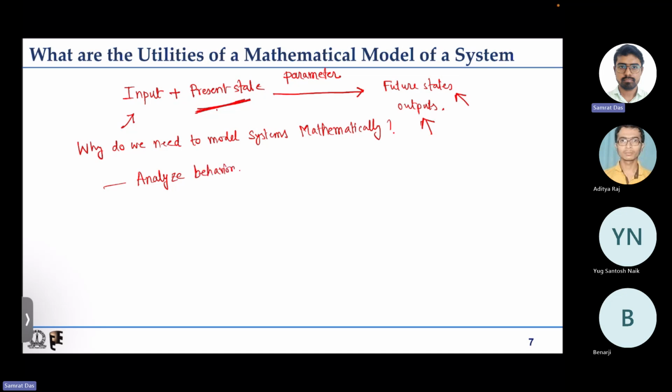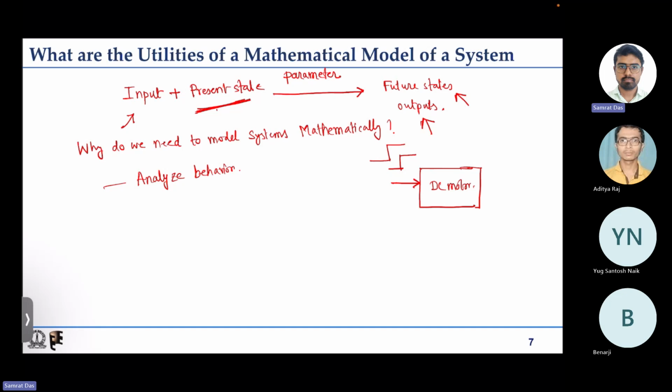Suppose we have a system, say a DC motor. I want to see how the motor will behave if I apply some voltage. Just the way we did last day, the motor is at a standstill, and we suddenly apply a step in the field voltage. Or I apply a step in the armature voltage.